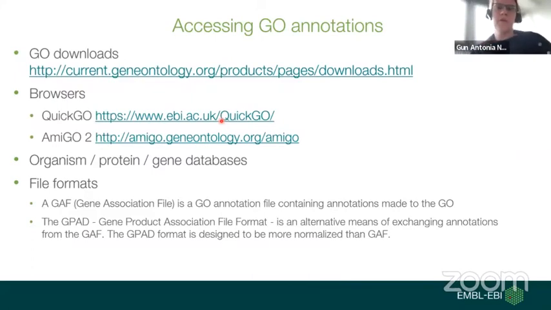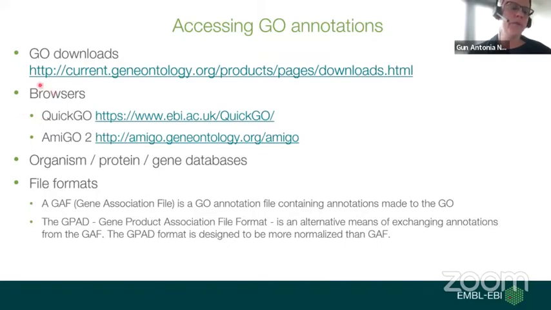So in order to access GO annotations, you can download them from, for example, the Gene Ontology website or from QuickGO. There's also two main browsers for looking at annotations, and usually it's more user-friendly to look at annotations using browsers because they will display all these different relationships in the ontology.